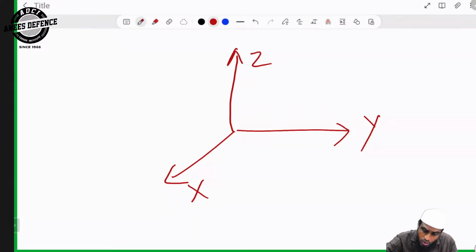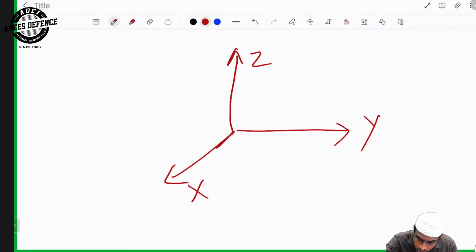A vector along the direction of the x-axis with a magnitude 1 is represented as I cap. A vector along y with a magnitude 1 is represented as j, and the vector along z direction with a magnitude 1 is represented as k.